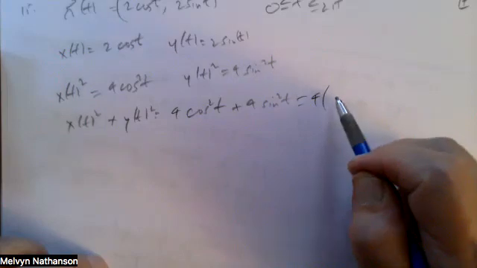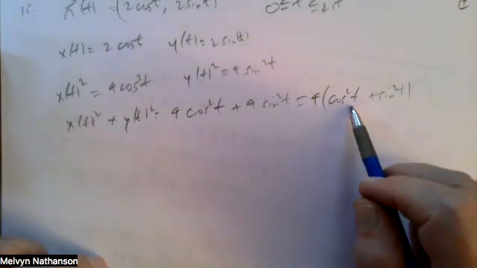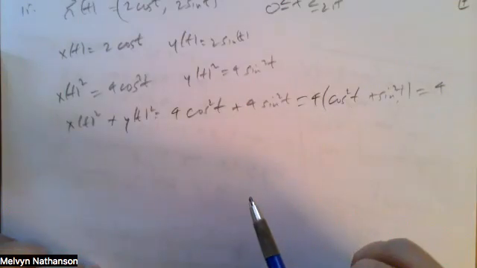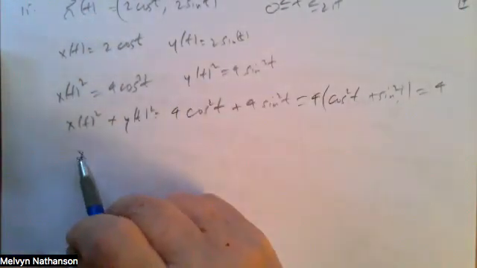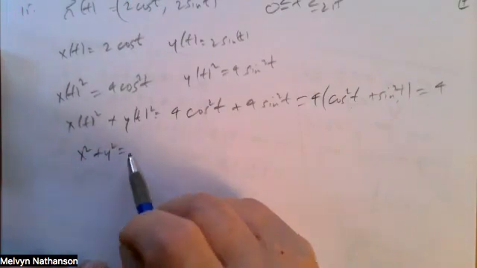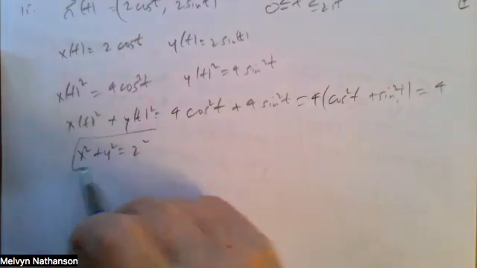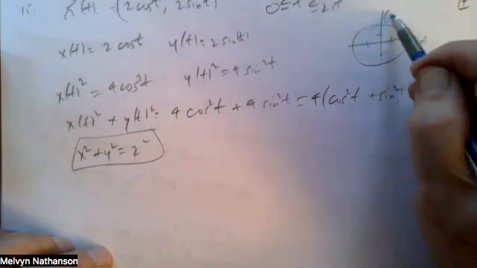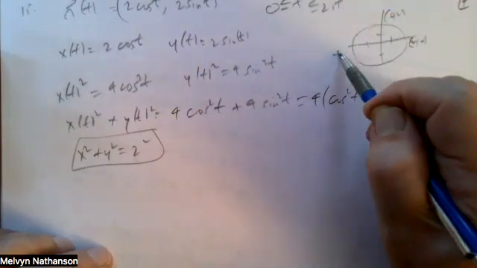If you factor out the 4, that's 4 times cosine squared t plus sine squared t. Cosine squared plus sine squared is 1. 4 times 1 is 4. So every point on this curve satisfies the equation x squared plus y squared equals 4, or 2 squared, which is the equation of a circle of radius 2.